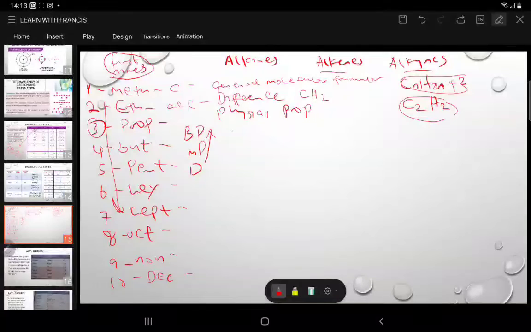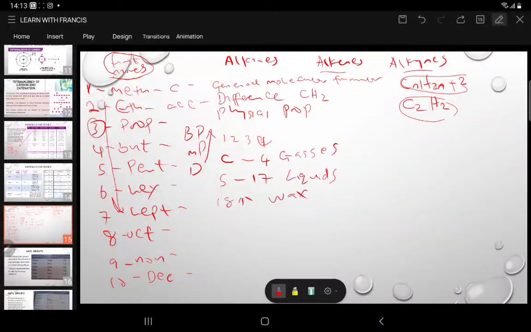As carbon atoms go from 1 to 2 to 3 to 4, the boiling point rises. And this is why carbon 1 to carbon 4 are gases. Don't forget this. From 5 to 17 are liquids. From 18 and above are waxy solids.